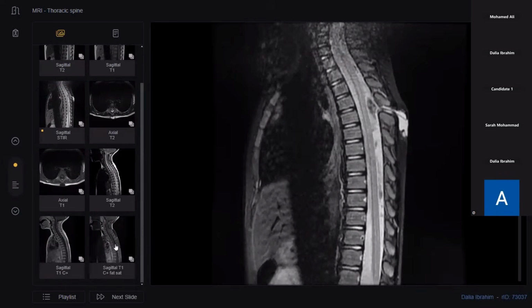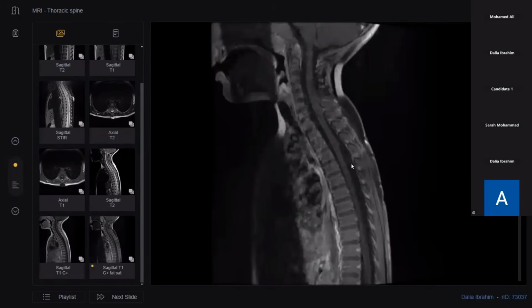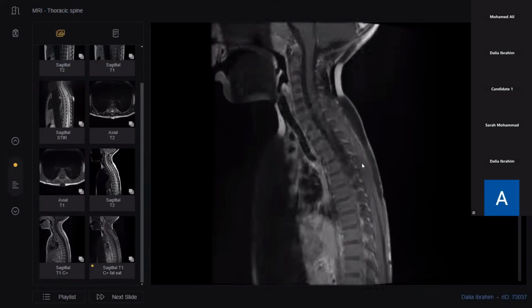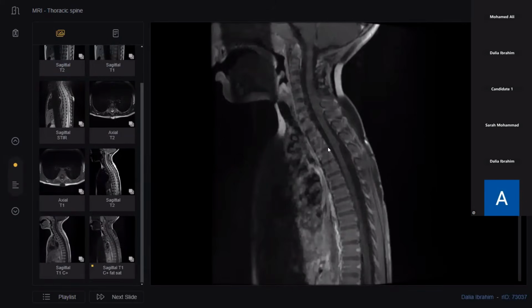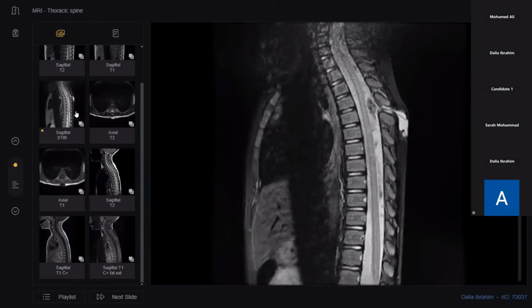Okay, this is the final sequence I wanted to show you. This patient had contrast enhanced MRI and there is no enhancement in any of the lesions we have described. So just to illustrate what Dr. Amna mentioned, we have three major pathologies in this case.